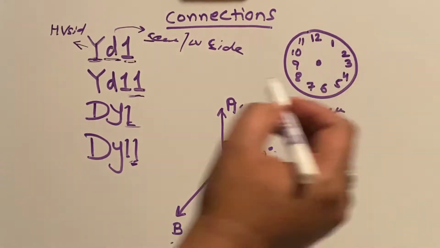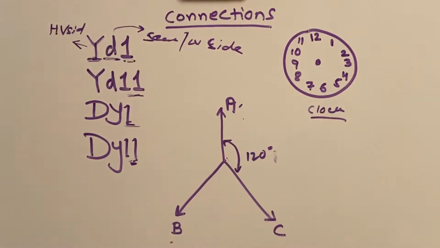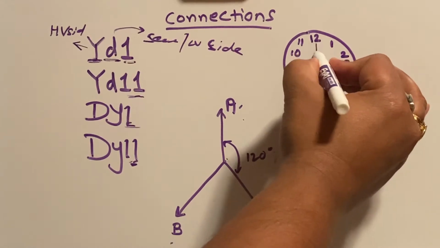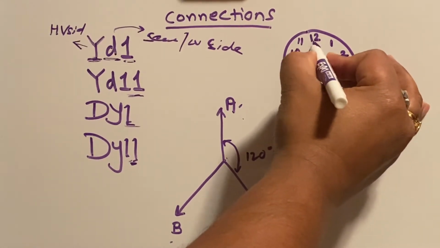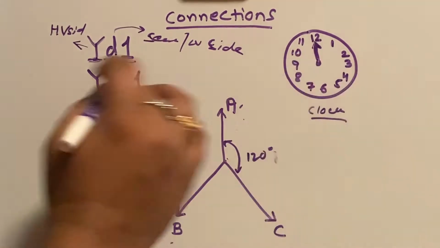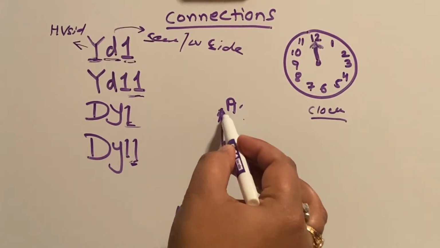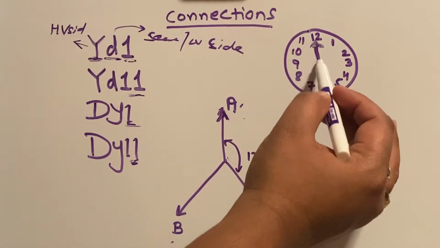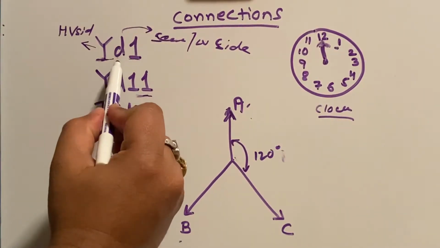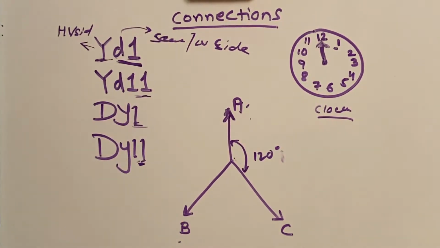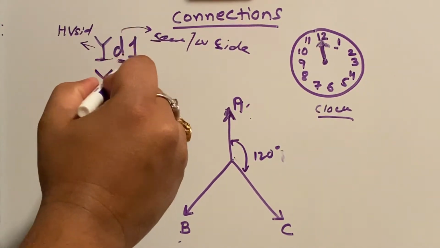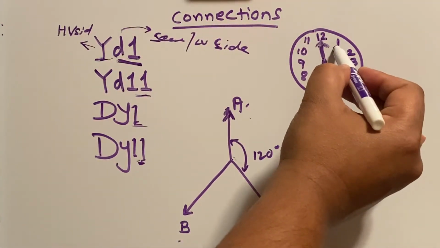In this clock, this Y is the reference point, which we always say is at 12. This high voltage will always be at 12. So let's say this A with this reference is at 12. This delta 1 represents that the secondary should be at the number 1 position.